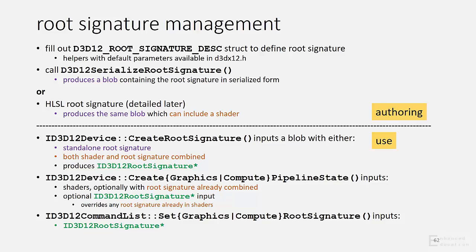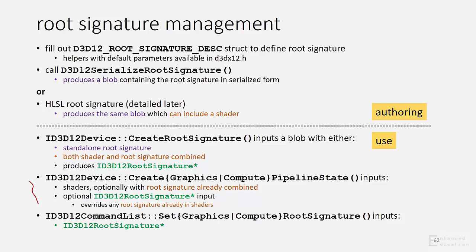Now you also pass in a root signature to pipeline state creation, graphics or compute pipeline state creation. And recall that the reason to pass a root signature into pipeline state creation is that driver shader compilers need to be able to bake in the details of the root signature data structure traversal directly into every resource access call site.